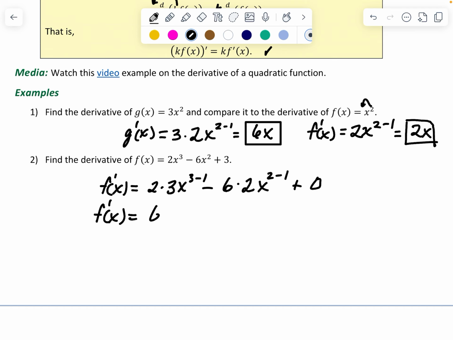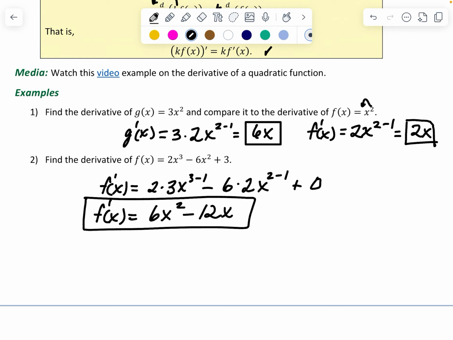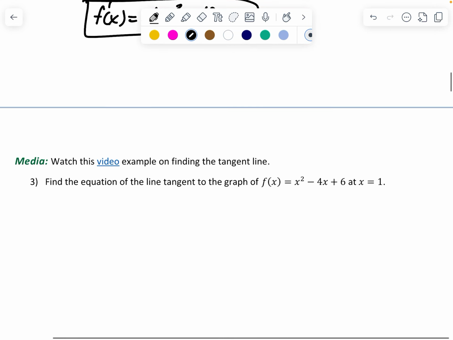So we can simplify that. Then we can say this is 6x squared minus 12x. Okay, and there you have it. All right, and let's move on.